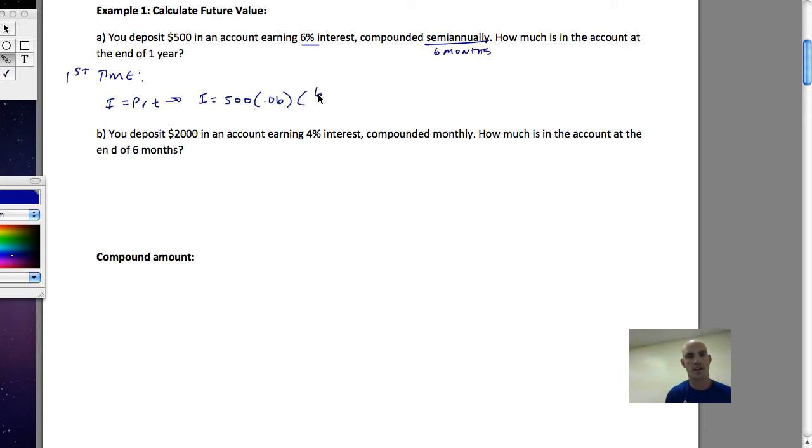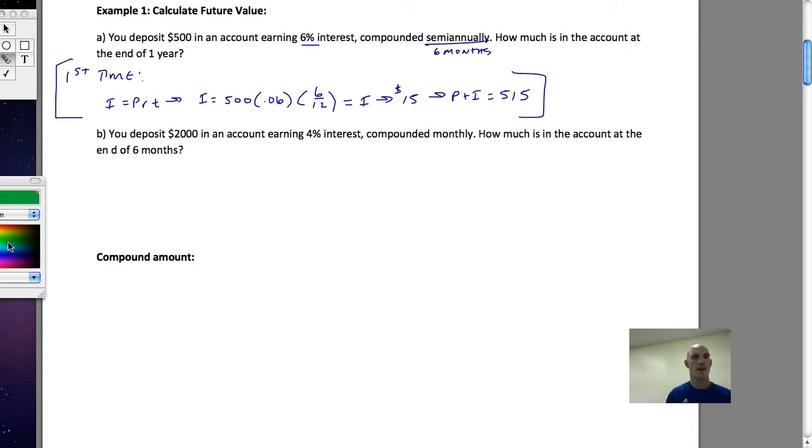So that's going to be 6 out of 12, because remember, our interest rate is annual, because we're assuming annual interest. And so that gives us $515. So 15 was our interest. So P plus I equals 515. Well, that's after the first time.